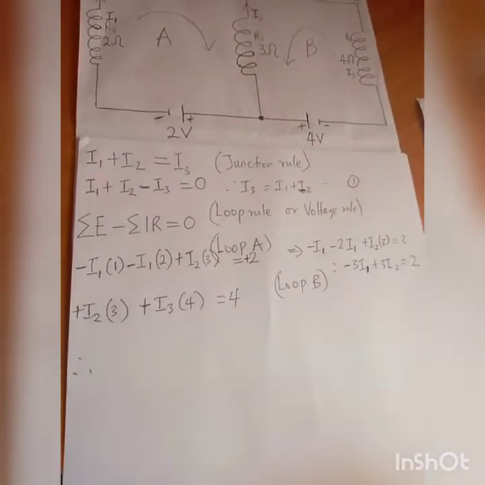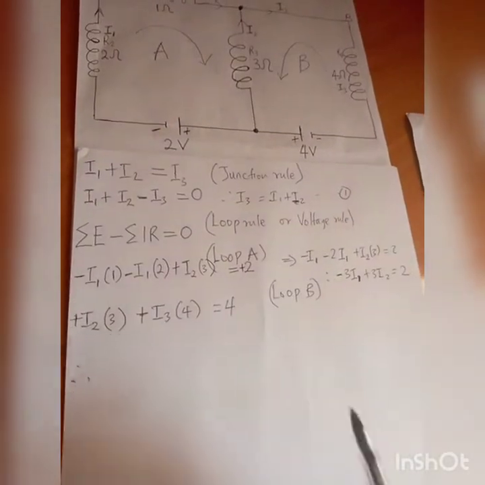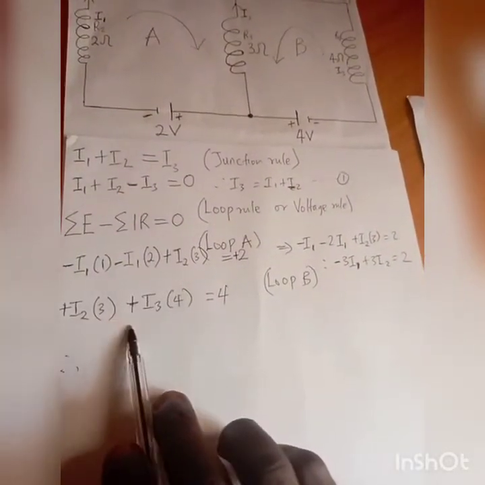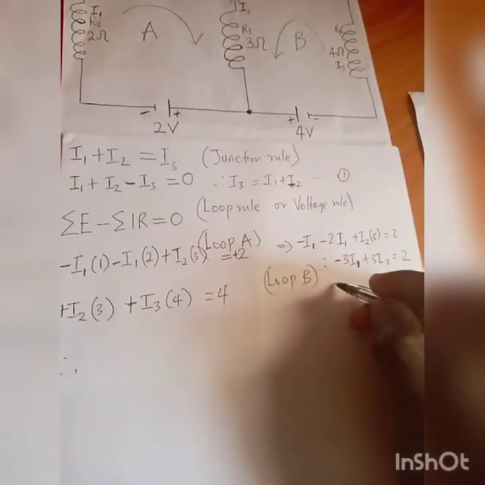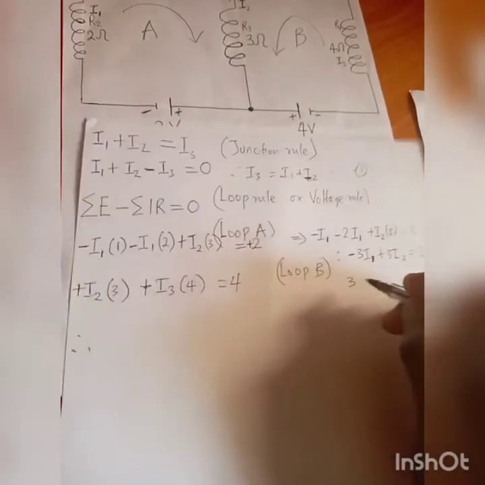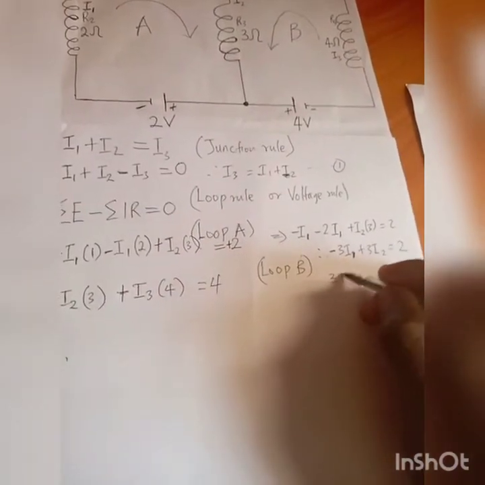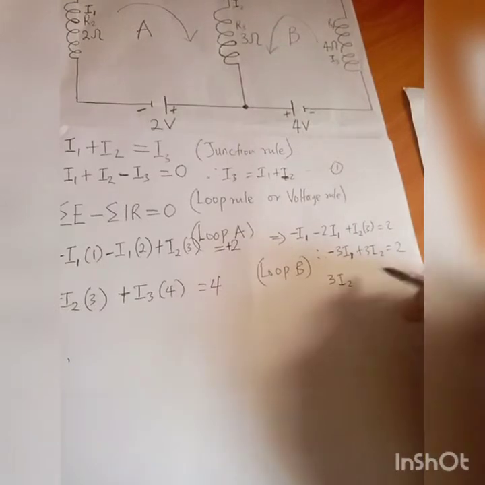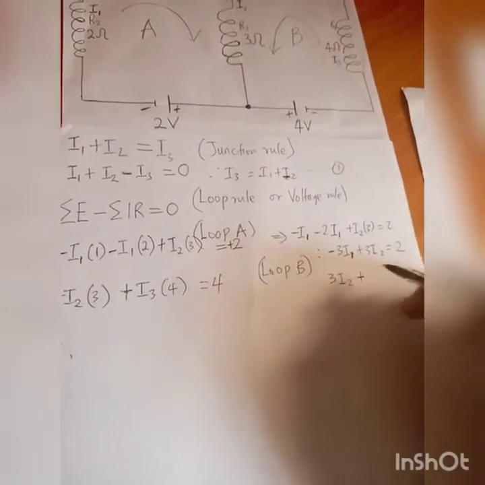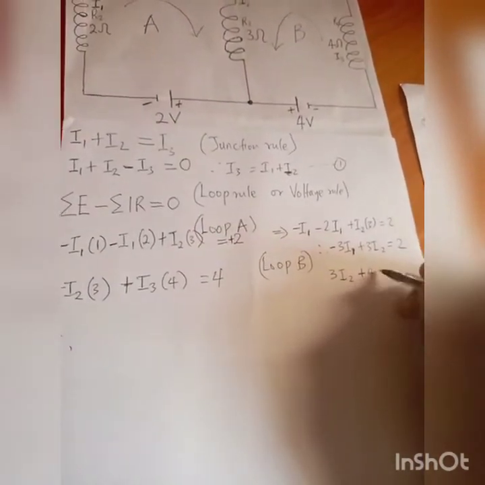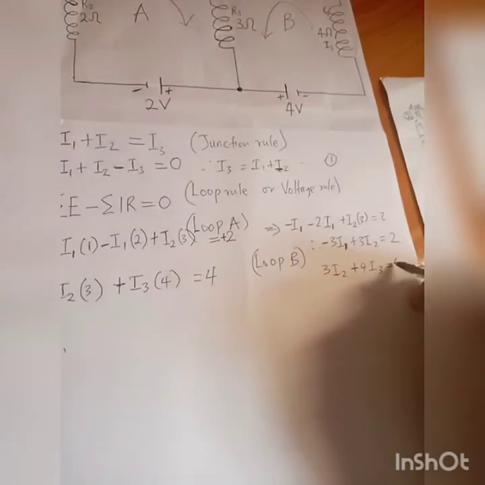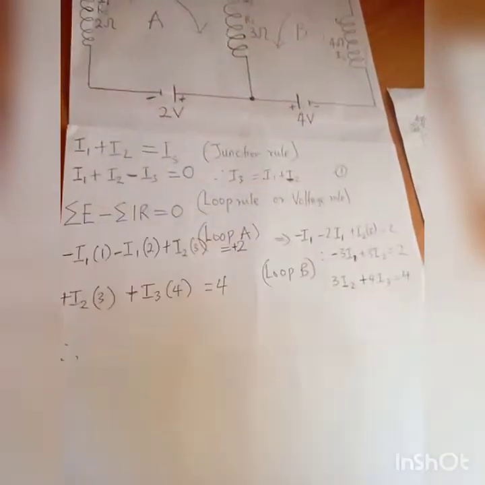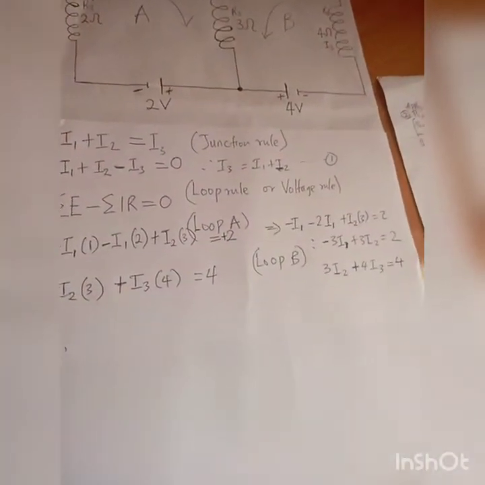So, what you now do is, you bring this one down also. It will give you 3I2 plus 4I3 equal to 4. Okay?